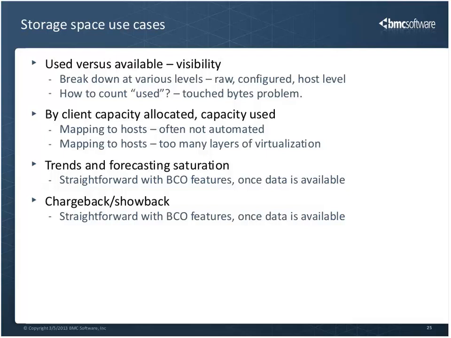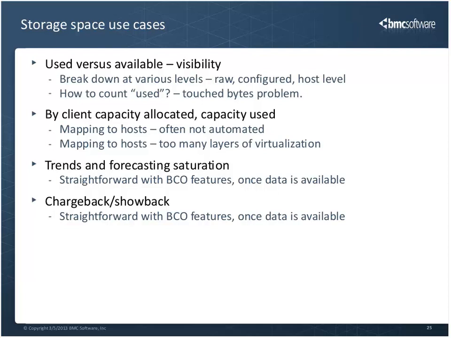Or are you talking about the host level space, where volumes have been created and exposed to hosts? And if you remember, I told you about thin provisioning. If the array has implemented thin provisioning, then the amount of space that you expose to hosts may be more than the amount that you've configured. So in order to talk about used versus available, you really need to know which level of the space you're talking about.